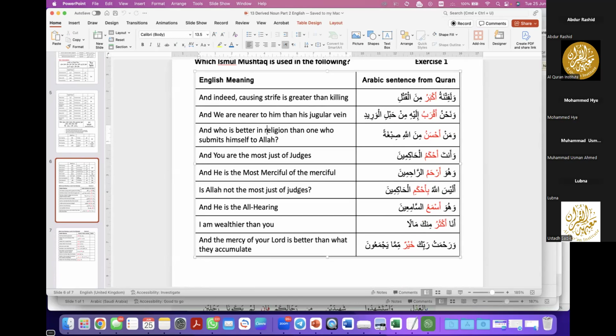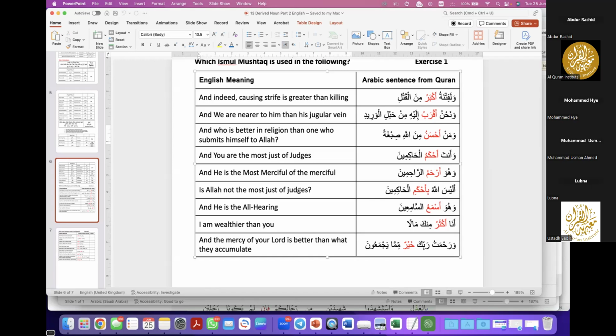If needed, I'll step in. Ask them which ismul mushtaq they are. From what we've learned, can you tell us which ismul mushtaq the highlighted word is and why you think it is.